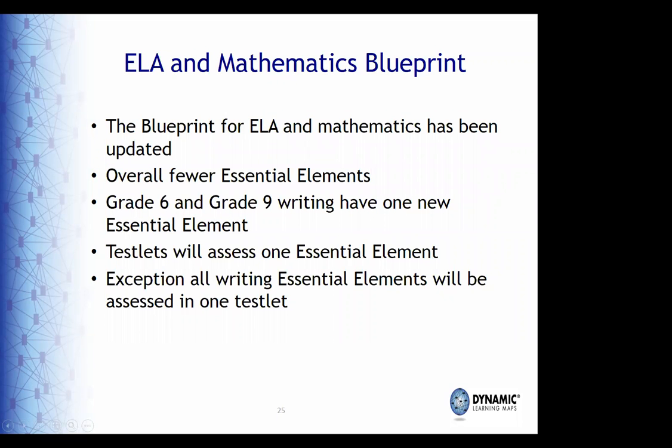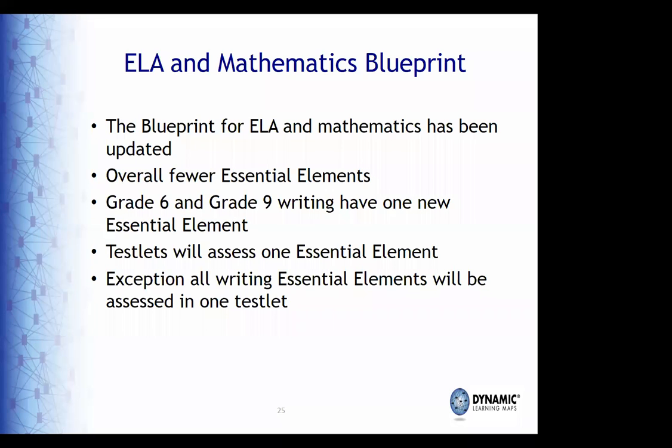The blueprints for ELA and math have been updated. Overall, there's fewer essential elements. Grade 6 and grade 9 writing have one new essential element. The instructionally embedded assessments, again, the testlets will only assess one essential element. The exception is all writing essential elements will be assessed in one testlet.